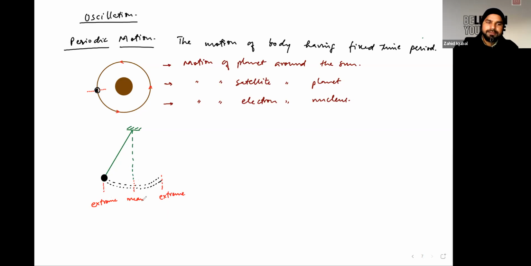So this bob is oscillating to and fro about this given mean position. So a periodic motion about a given fixed position, that is the mean position, is also called SHM or simple harmonic motion. Is it clear?